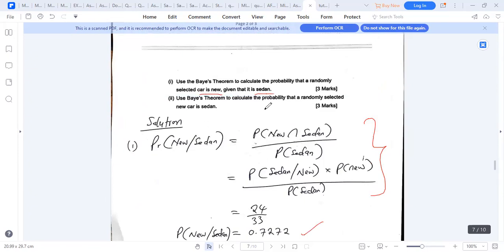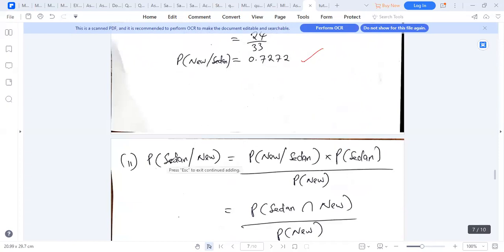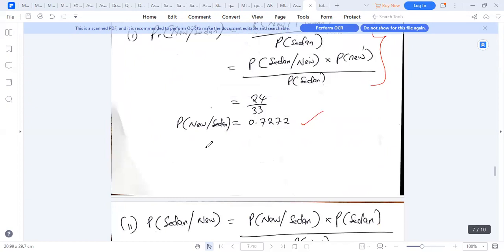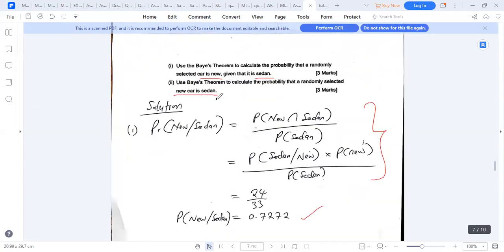The next part was asking us to find the probability that a randomly selected car that is a sedan is new. So here, sedan given that it is new, it's the opposite. So it's different from the statement that would say the probability that it is a new sedan.